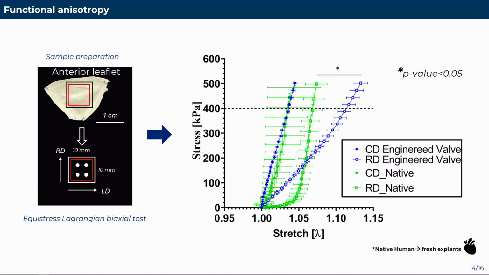After that, we characterized the anterior leaflet, because it's the most important, the moving leaflet of the mitral valve, also from a functional point of view, through an equistressed Lagrangian biaxial test, and we reported the curves related to the radial and longitudinal directions. We overlapped them with the ones obtained for the native human fresh samples.